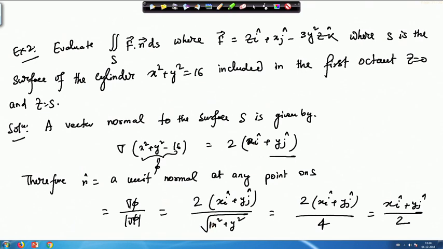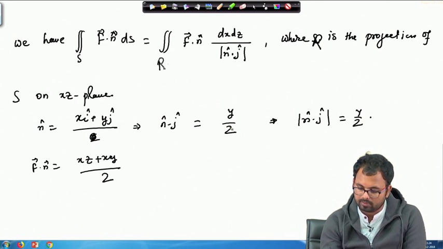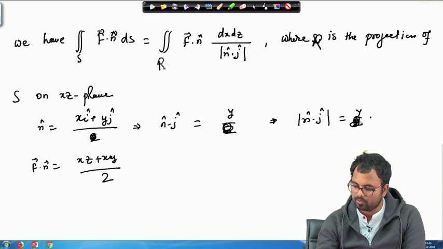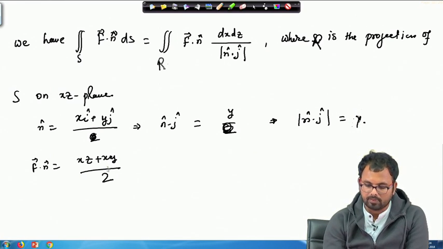So this will be 4 x square plus 4 y square, so the square root of 4, that means 2. So there will not be any 2 here. So just x i plus y j, and that means here we will have simply y. So this will be just y, I am sorry, and then here we will have xz plus xy.